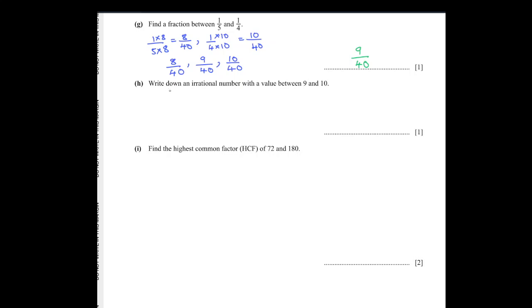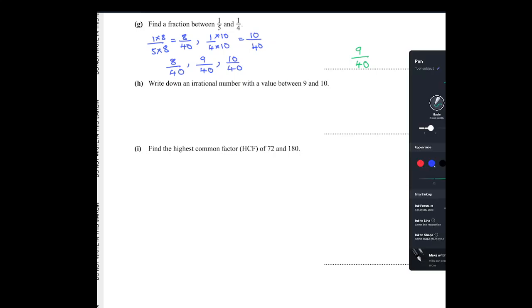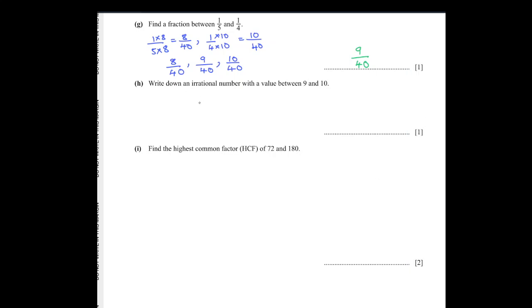Question number H. Write down an irrational number with a value between 9 and 10. Now we need to write an irrational number, and it should be in between 9 and 10. So after 9, you can take any number having decimal places with non-repeating and non-terminating decimals.